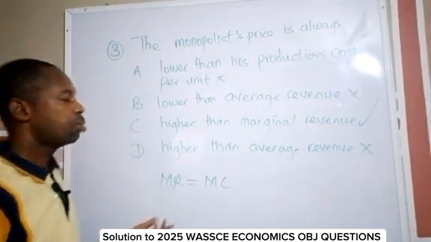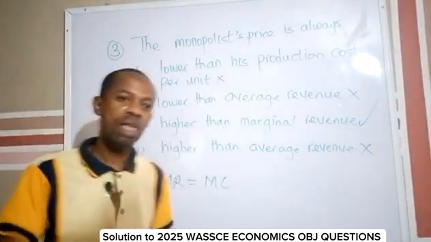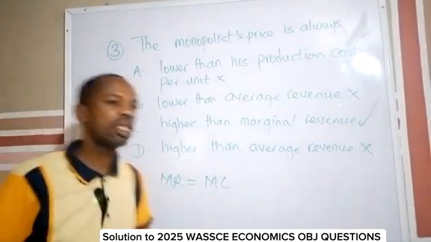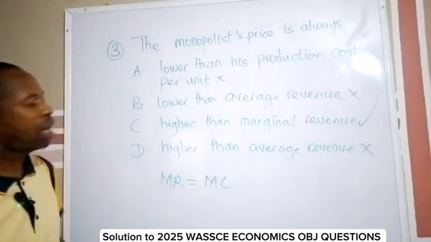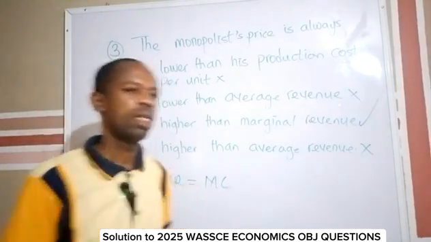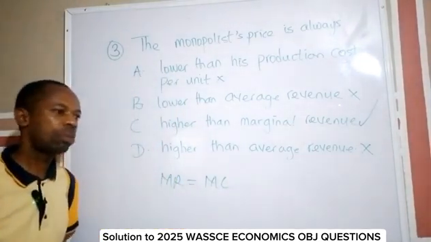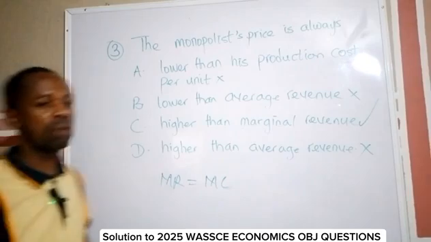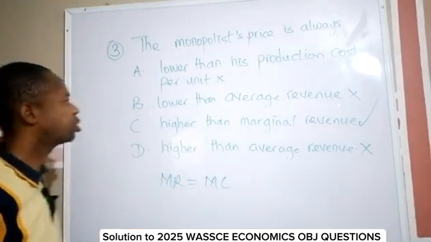A monopolistic market is a market situation where there is only one seller who is selling goods. So he's the only one in the market. He is the king. Therefore, he can either choose his price or determine the quantity of goods that he is bringing to market. And of course, he will do everything to make sure he makes more money.